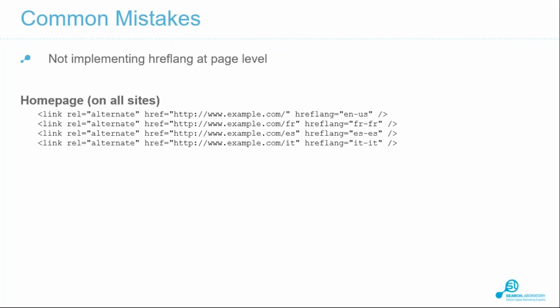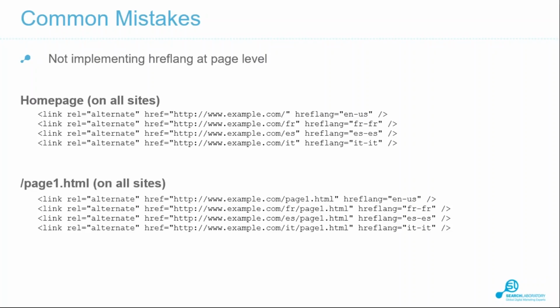So we've got our French, Spanish, Italian, and also English, US content there. And this would be an example of hreflang on our page1.html. So you'll notice that the middle part of that code where the URL is, that's changed. It's really important to ensure that the code on the page accurately reflects the exact alternative and exactly where it resides.